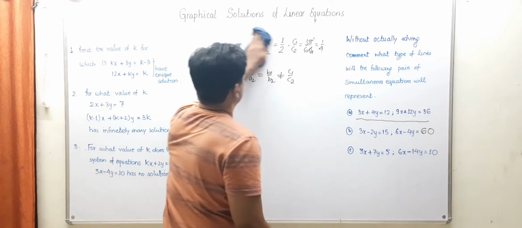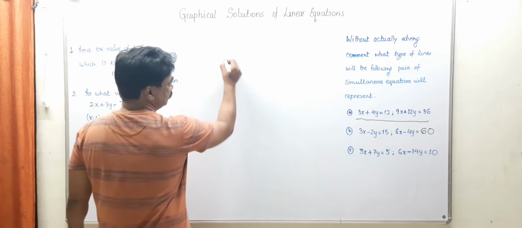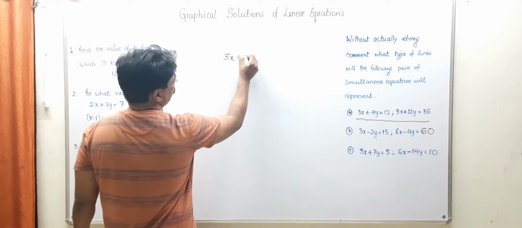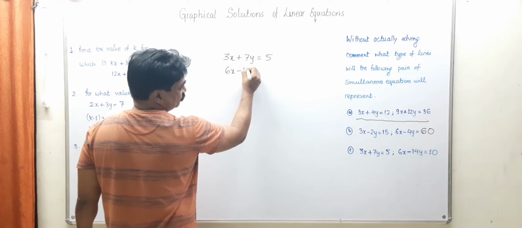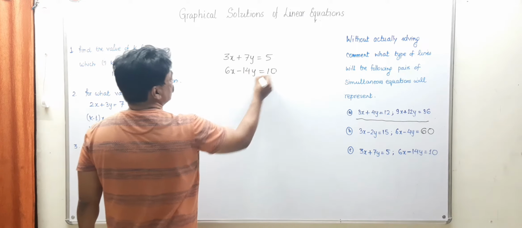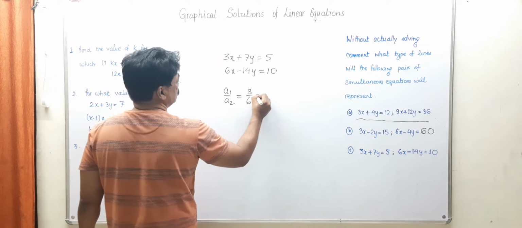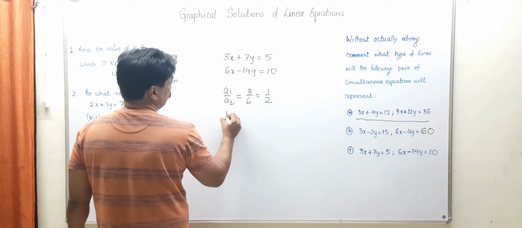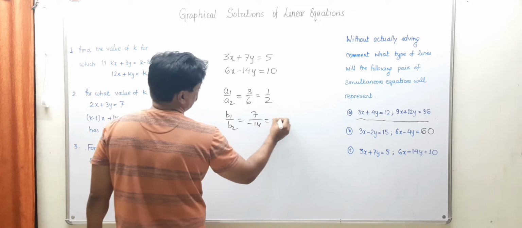Next question, question number C. I am copying 3x plus 7y is equal to 5 and 6x minus 14y is equal to 10. So I take a1 by a2, that is equal to 3 by 6, that is equal to 1 by 2, and b1 by b2 is equal to 7 by minus 14, that is equal to negative 1 by 2.